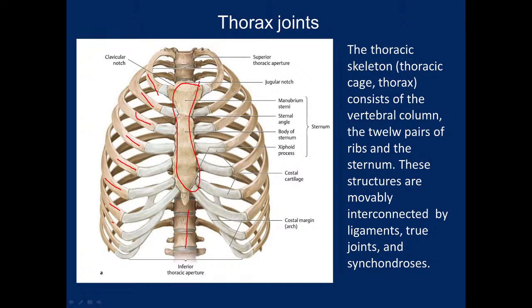Combined together, these structures are movably interconnected by ligaments through joints and synchondroses. This is the superior thoracic aperture here, and the inferior thoracic aperture here.